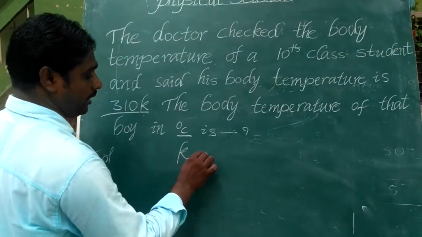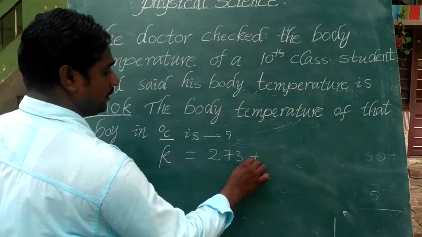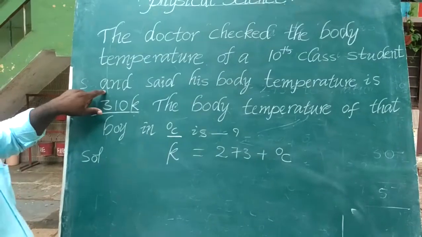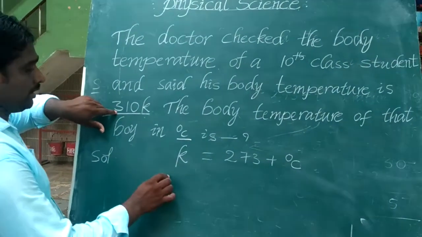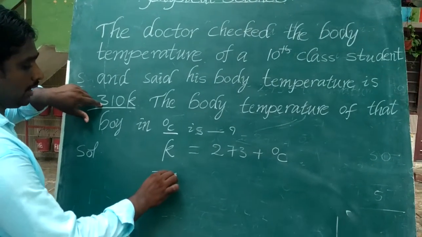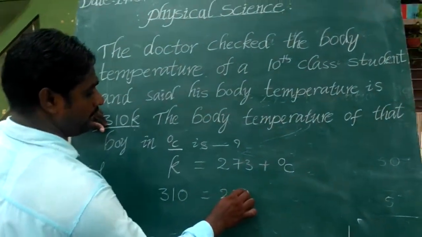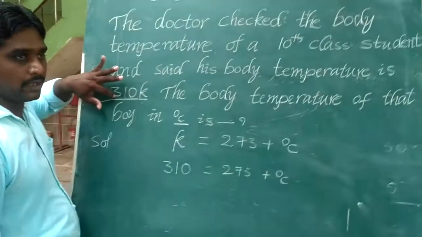Temperature in Kelvin is equal to 273 plus temperature in degrees Celsius. Here the given temperature of the student is 310 Kelvin. Therefore, substituting, 310 is equal to 273 plus temperature in degrees Celsius.